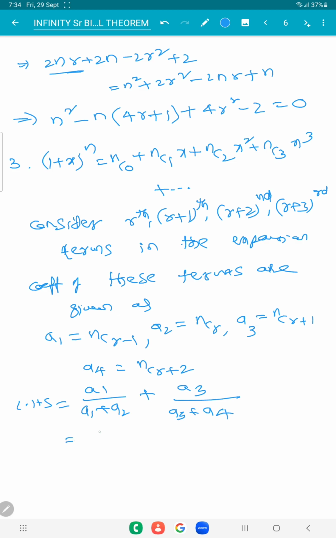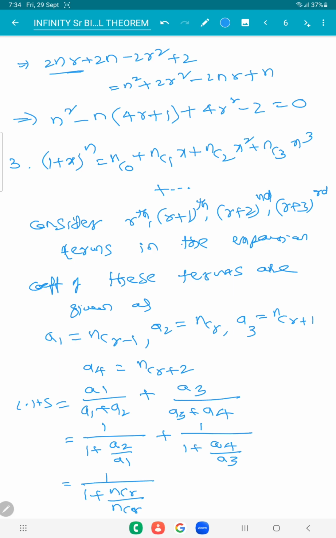So let us divide numerator and denominator by a1. What will you get? a2 by a1. Also divide numerator and denominator by a3, which gives a4 by a3. What is this, sir? 1 by 1 plus, what is a2? a2 is equal to nCr, right? By nCr minus 1, plus 1 by 1 plus, what is a4? nCr plus 2 by nCr plus 1.